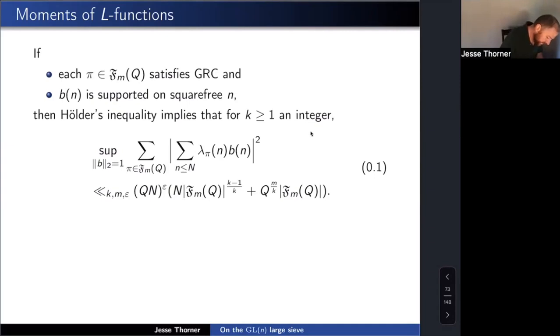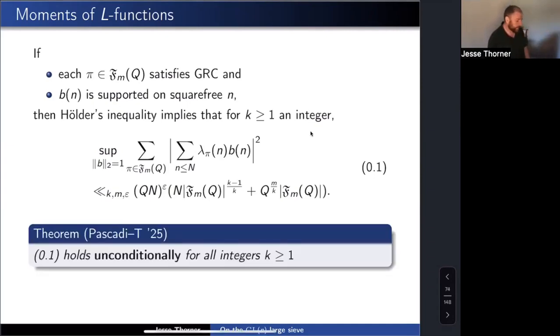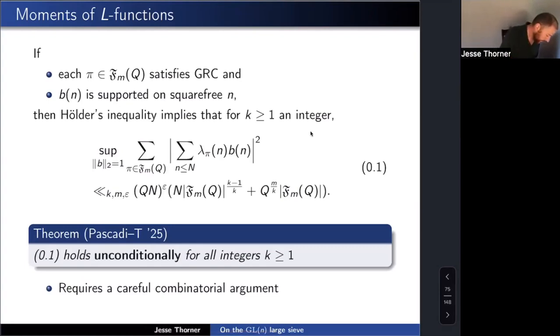But using a delicate combinatorial argument, what Pascadi and I can show is that this bound actually holds unconditionally for all integers k at least 1. I don't have time to go through the argument, but let's see what happens when we use this Holder inequality for an optimal choice of k.